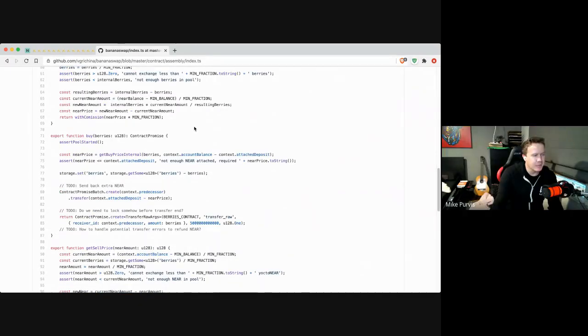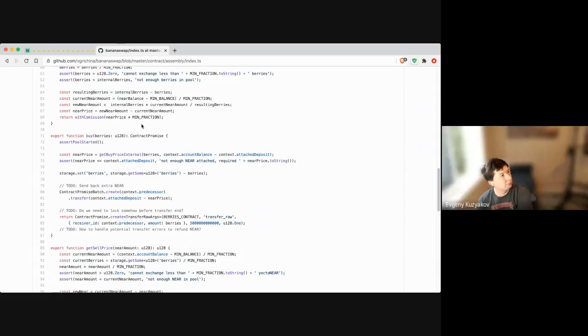So it's 10% of berries, 10% of the price you need to pay. On every swap, you pay 10% in commission. So it's kind of slippage of 10% extra.